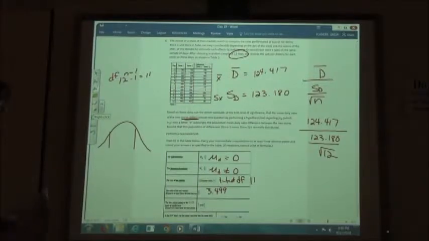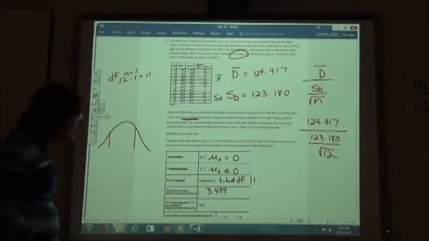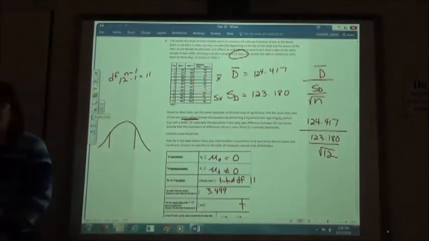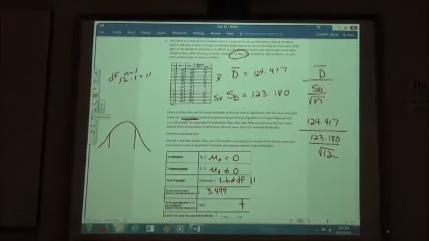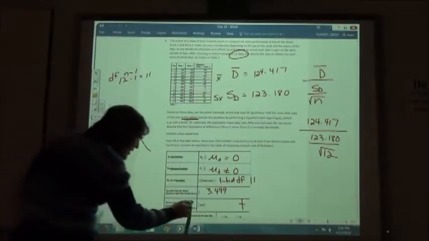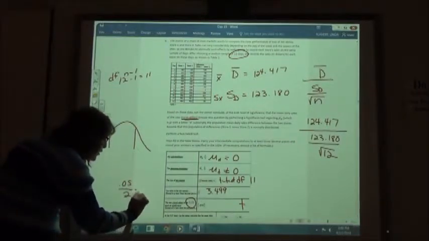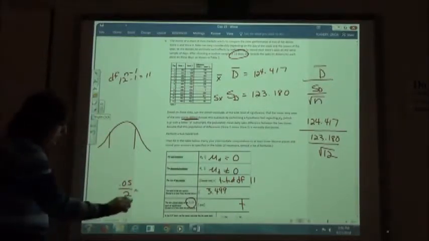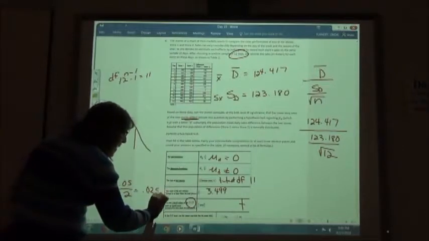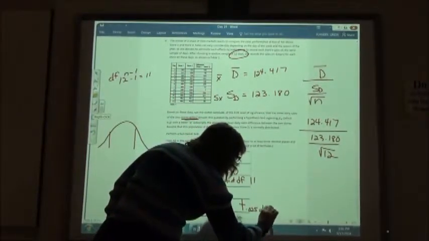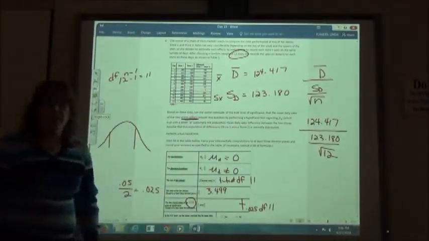We need to find our critical value. When we do the critical value, that's the t sub, right? Since we're doing a two-tailed test, we have to divide our level of significance by 2, right? 0.05 divided by 2 would give me 0.025. So we're going to do t sub 0.025 with a degree of freedom of 11.